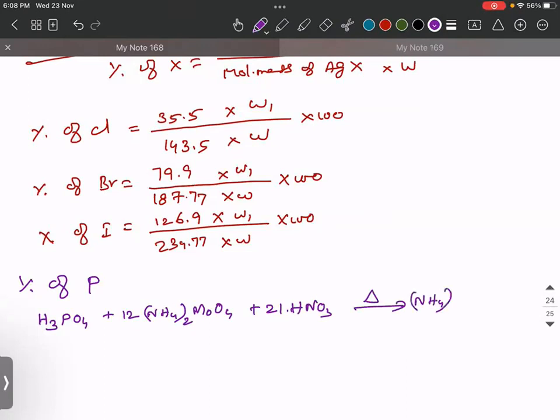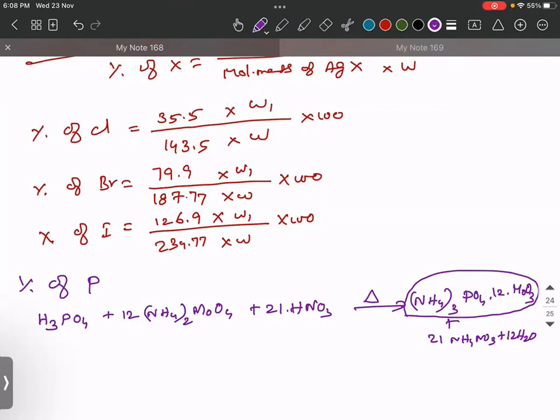This becomes the yellow precipitate. They have to filter out this precipitate, then weigh how much is formed.